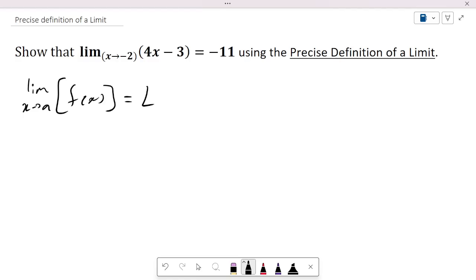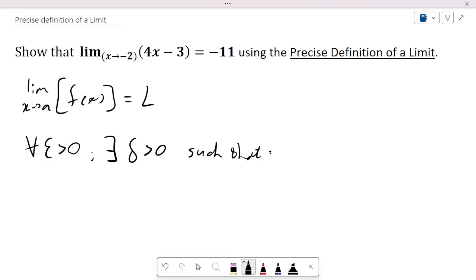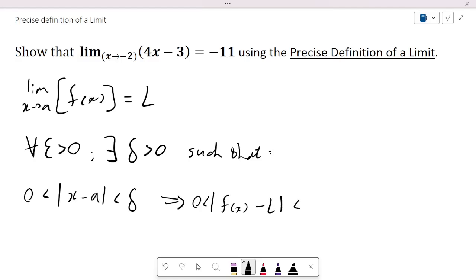It states that for every epsilon that is greater than 0, there exists a delta which is greater than 0 such that the absolute value of x minus a is between 0 and delta, which tells us that the absolute value of f of x minus the limit value is less than our epsilon.